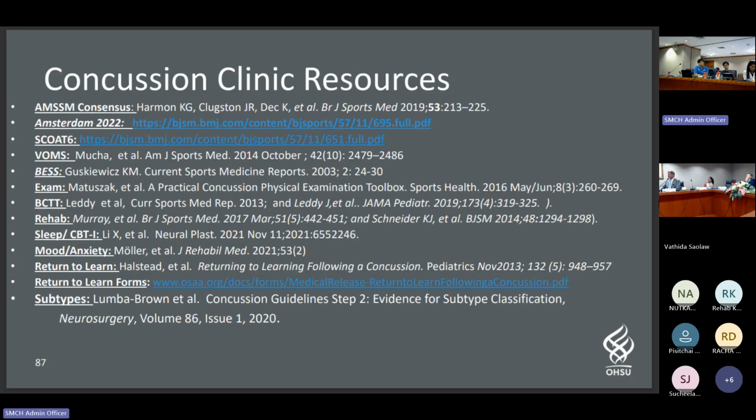We basically have been doing this concussion clinic for nearly 20 years now. So we have a lot of experience, and we're happy to help anybody who wants to think about putting together a clinic like this. We usually have a concussion conference every year. Some of the students who came over in the past have come to those conferences. We've decided to hold back on that for a little bit because we've had some change in personnel organizing that.